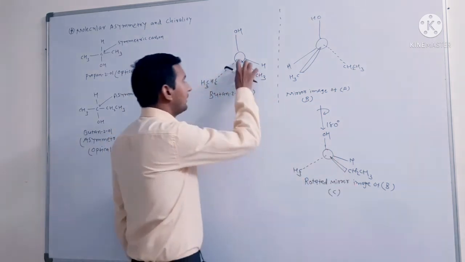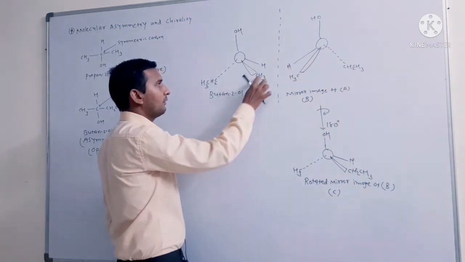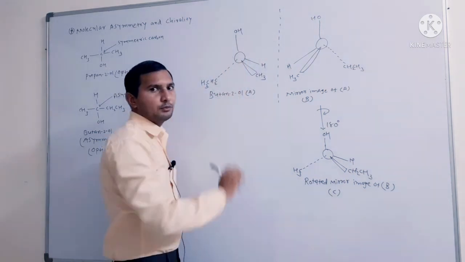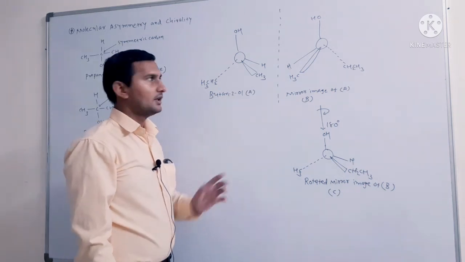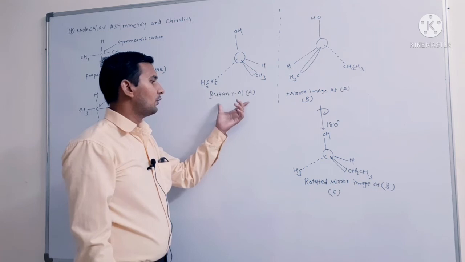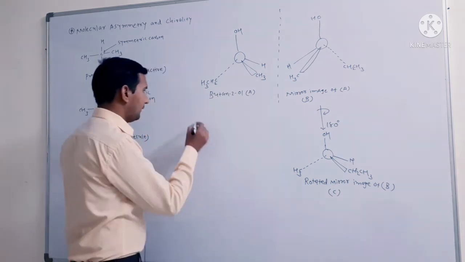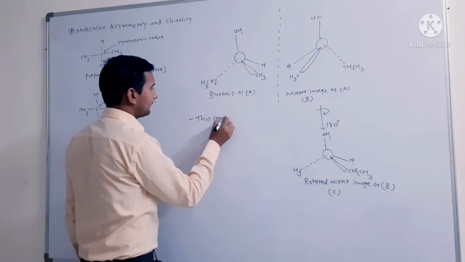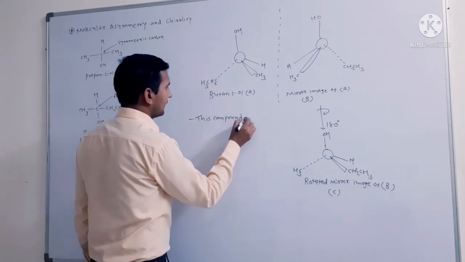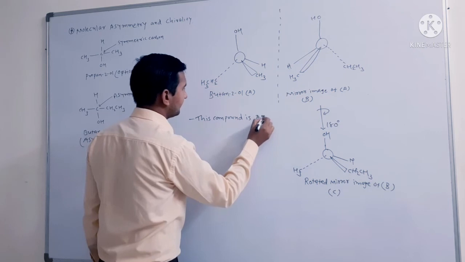So this carbon which has 4 different atoms or groups of atoms is said to be asymmetric. So this compound butan-2-ol is an asymmetric molecule. This compound is asymmetric.